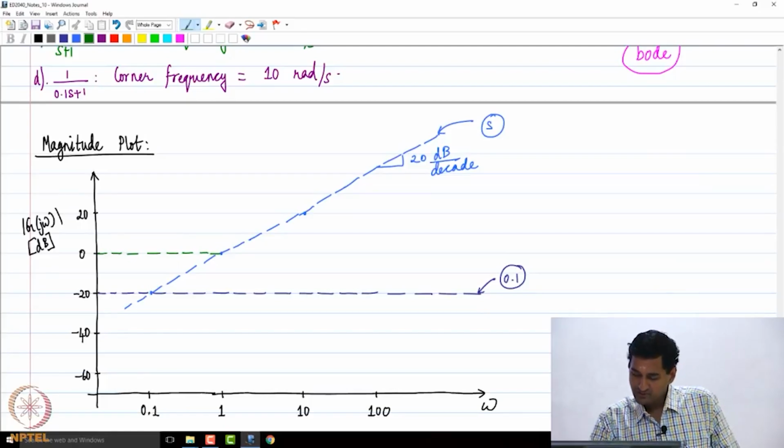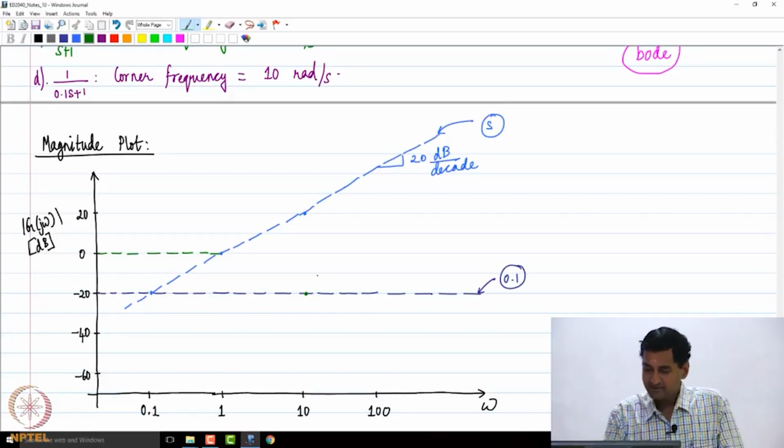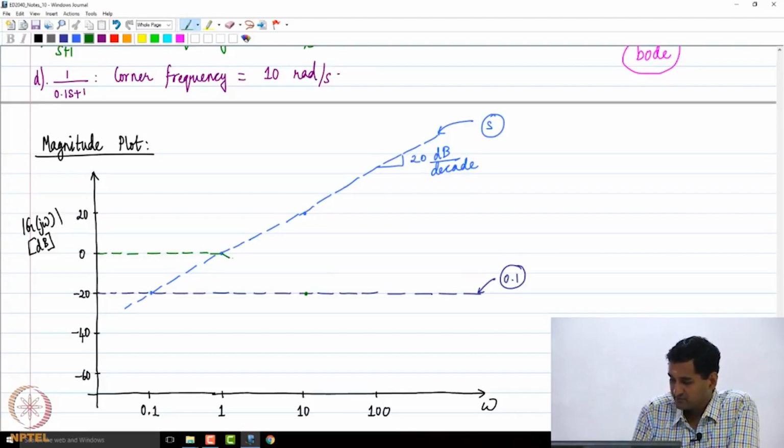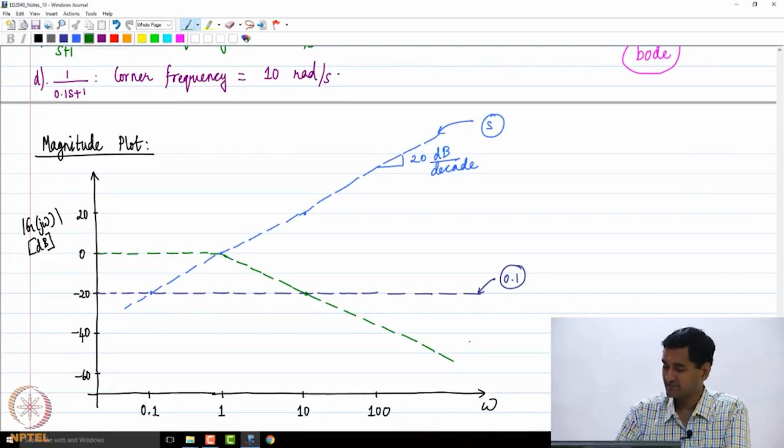So how do I plot it? Let's say I take a frequency of 10. I mark where is minus 20. Then I can plot the high frequency asymptote with a slope of minus 20 decibels per decade. So this is the Bode diagram for 1 divided by S plus 1.